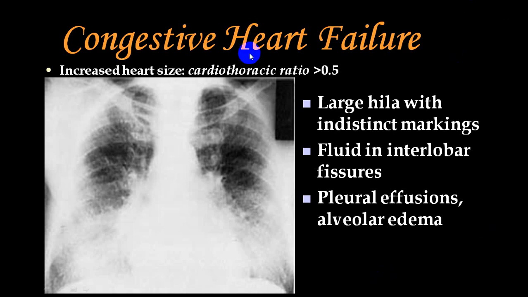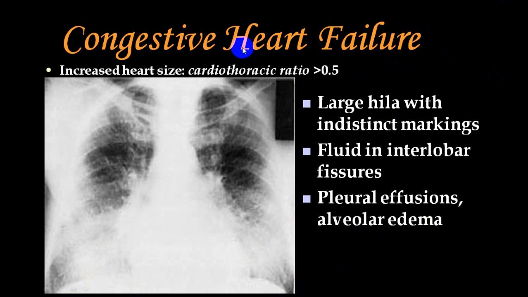Now opposite of that, if you look here, this is a lot of congestion. This is a lot of small opacities, congestion. And if along with that you see an increased heart size, the cardiothoracic ratio is increased, and there is pulmonary congestion, and if you get a pleural effusion, with bilateral costophrenic angle obliterated, suspect congestive heart failure.